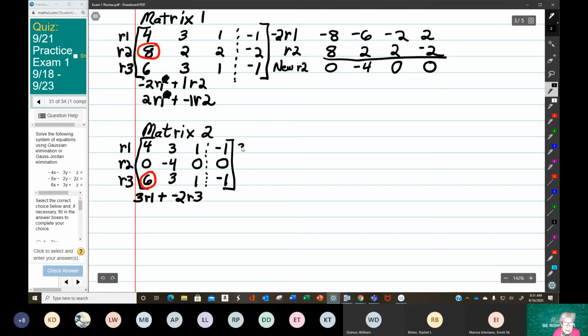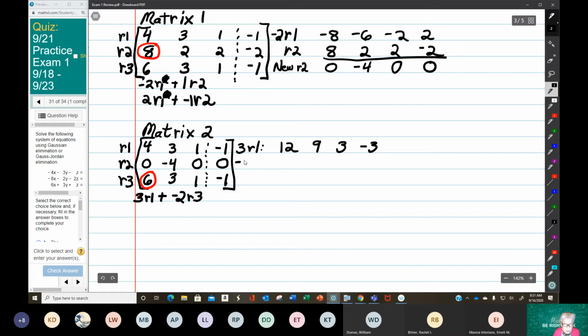Okay, so we've got 3 times row 1. And what that means is we multiply every number by 3. So 3 times 4 is 12. And 3 times 3 is 9. 3 times 1 is 3. And 3 times -1 is -3.